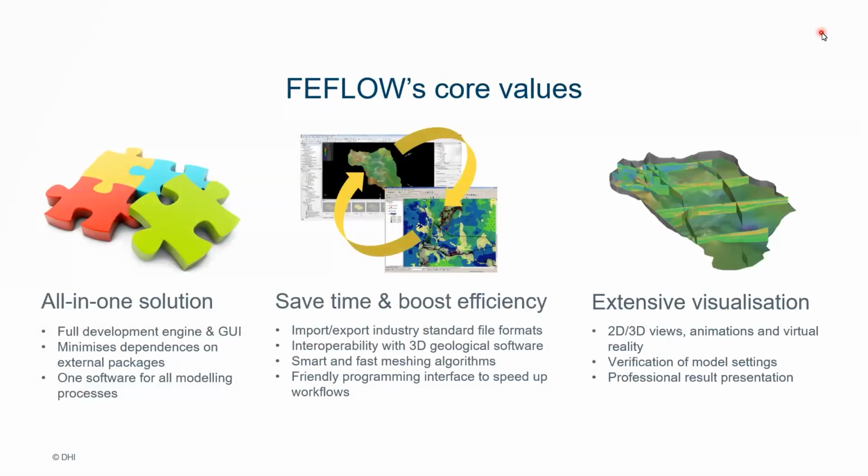We have 3 cores. When we develop the software, our vision is to have a software with the concept of an all-in-one solution. So we develop the graphical interface, but at the same time, we develop the different methods in the engine, the calculations. In the last years, there were not many changes on the calculations. This is going to happen in the release of 8.2.